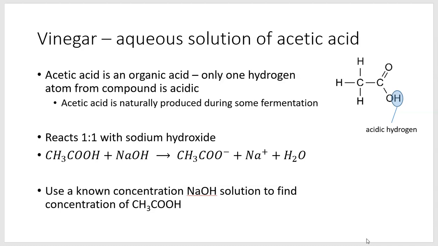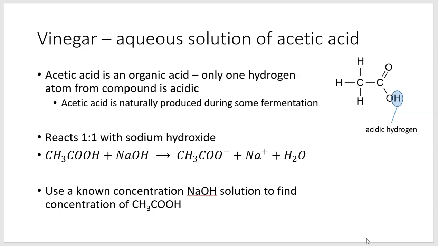So we're going to analyze acetic acid in vinegar by reacting it with sodium hydroxide. If we can know when there are equal amounts of acetic acid and sodium hydroxide, and we know how much sodium hydroxide we added, then we can figure out how much acetic acid is there.